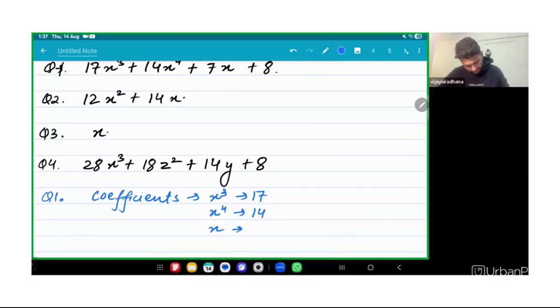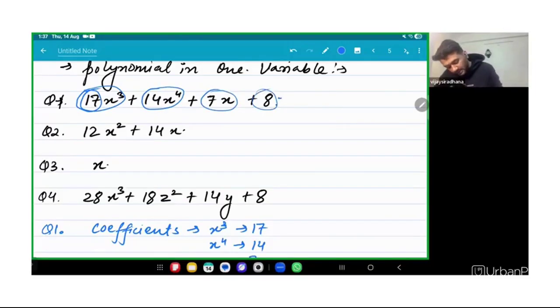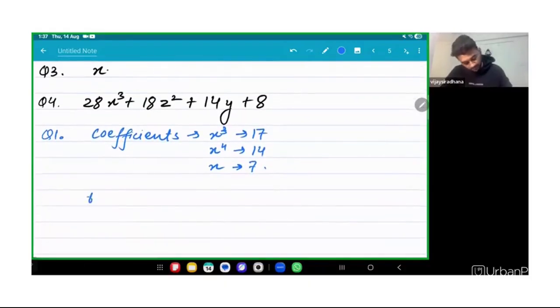The coefficient of x is 7. What are the terms? Terms are 17x cube, 14x to the power of 4, 7x, and 8. So there are 4 terms. Which equation is it? It is a biquadratic equation, because the highest exponent over here is 4.